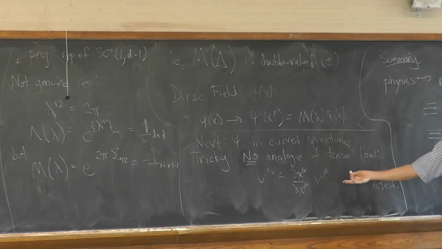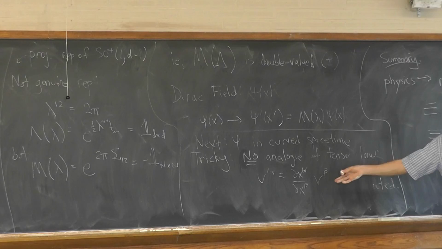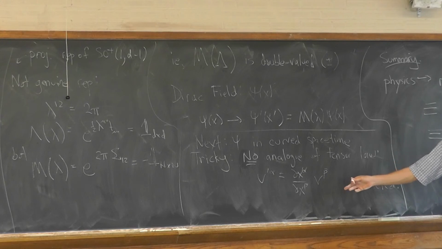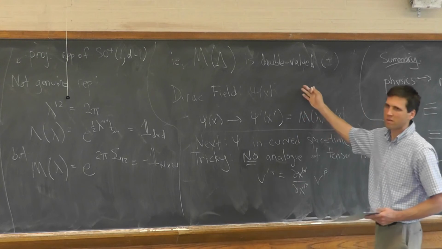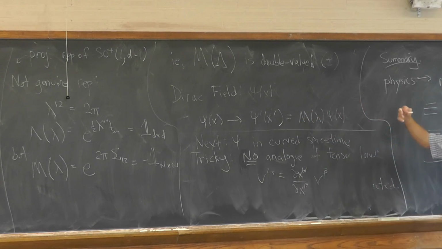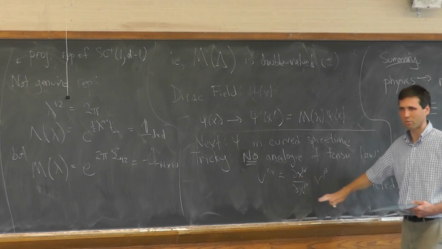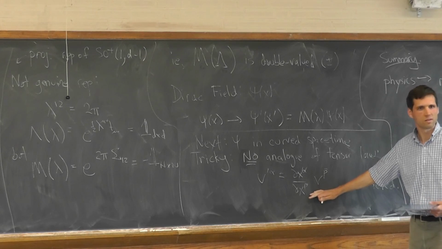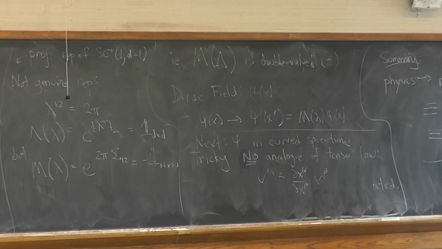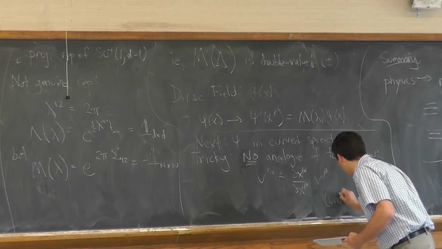This is how we define tensors. We said they transform this way under general coordinate transformations. Now for spinors, we've understood in Minkowski how they transform under the Minkowski isometries. But it's just impossible to write a formula like this for spinors. It can't be done. So this was the general coordinate transformation.